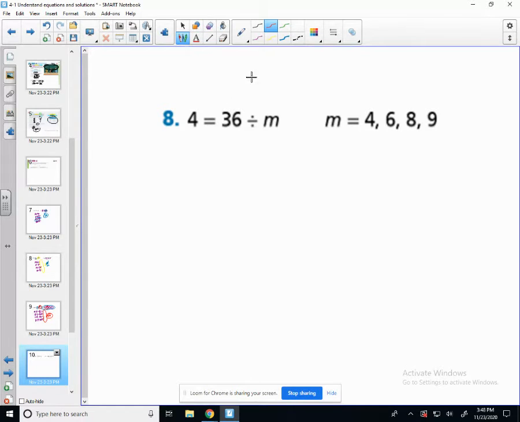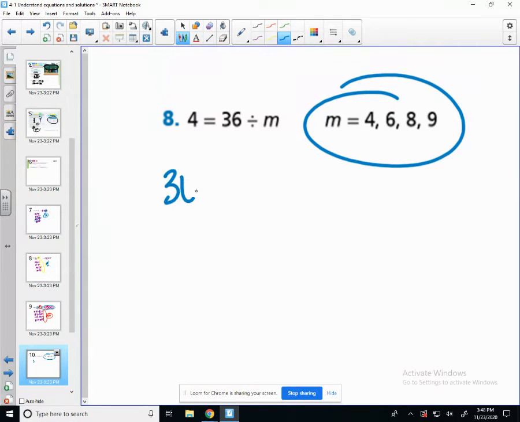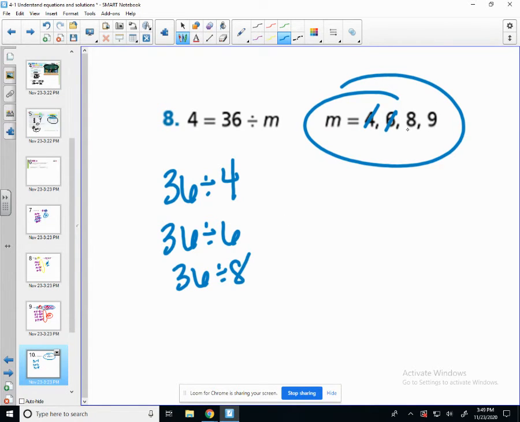All right, let's try this again. 4 equals 36 divided by m. And here's your choices for m. Let's try them all. It's just flipped on the other side of the equal sign, but it's the same thing. So 36 divided by 4. 36 divided by 6. 36 divided by 8. 36 divided by 9.